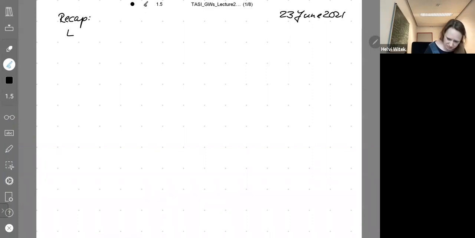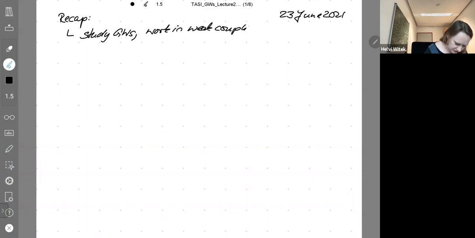Remember, to study gravitational waves, we want to work in the weak coupling and slow motion approximation.